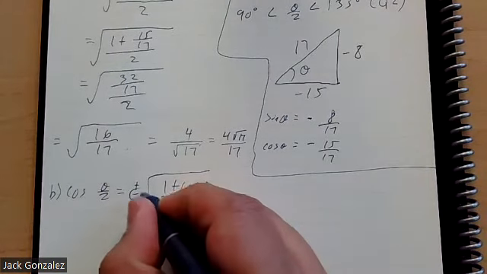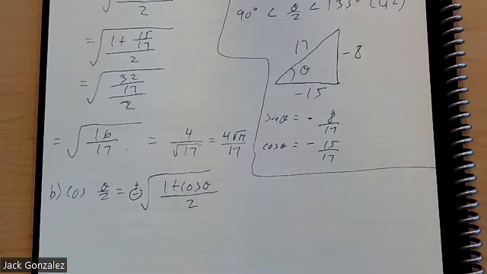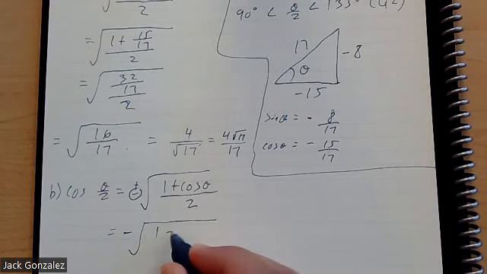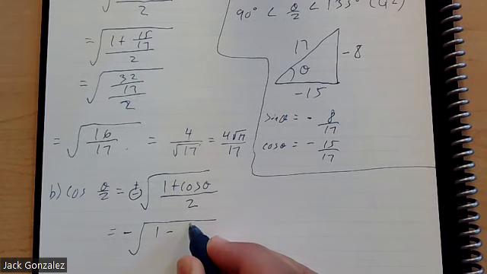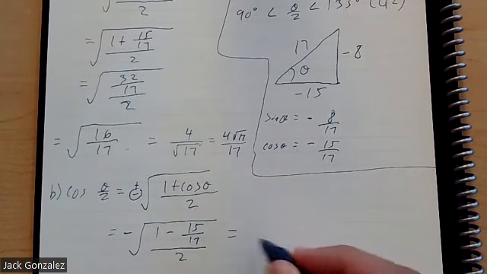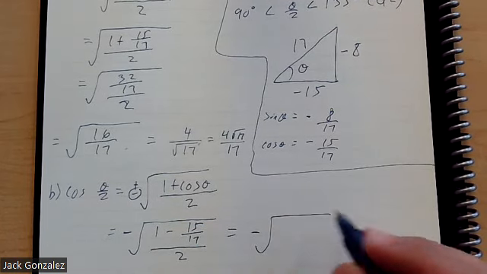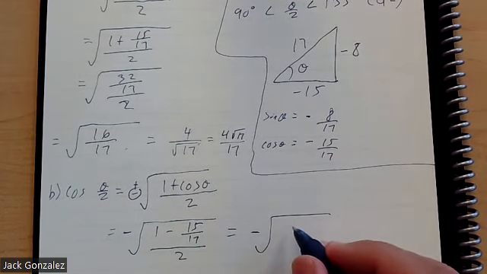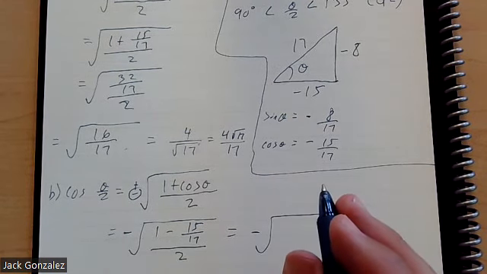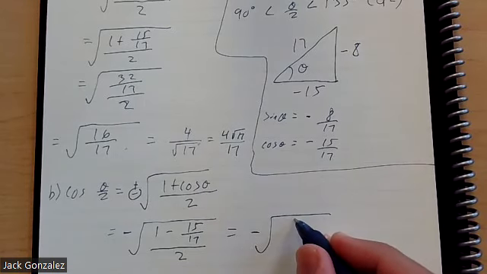Yes, so we pick the minus. So we're going to get negative square root of 1 minus 15/17 over 2.